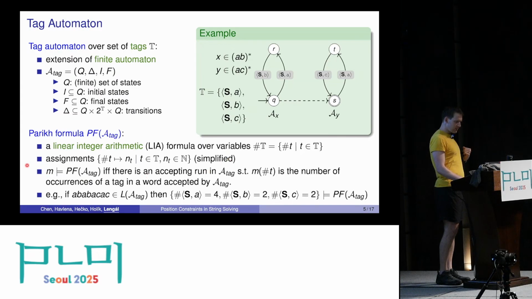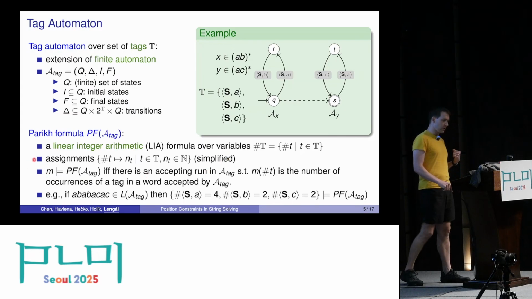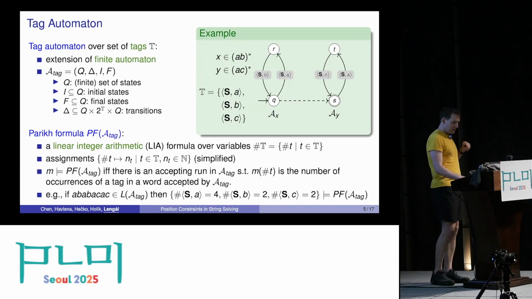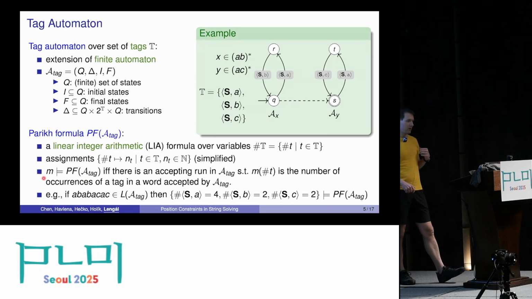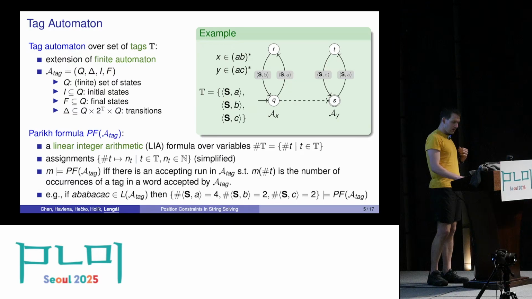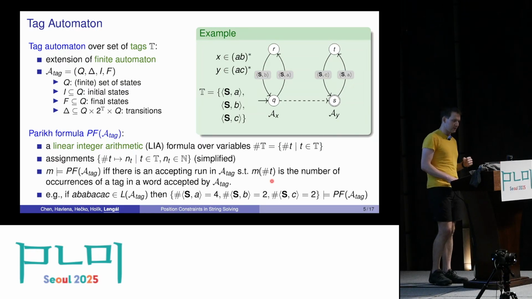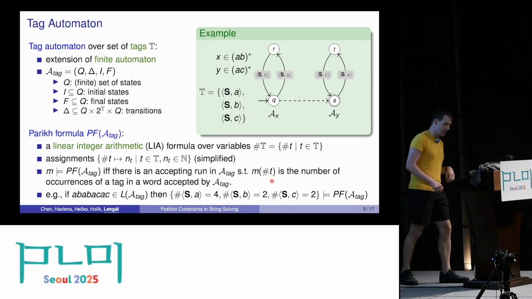So assignments are corresponding to mappings of the tags to some natural numbers. And an assignment is a model if there is an accepting run in the automaton such that the assignment to these variables is the number of occurrences of each tag in a word which is accepted by the automaton.